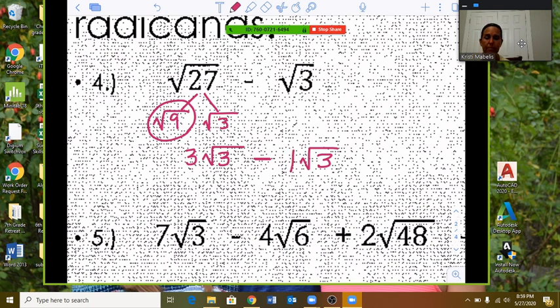Feel free to write that. Okay, lo and behold, now, what do you know? They do have matching radicals. So because these are like radicals, I can go ahead and combine the 3 in the front and a negative 1 would make my final answer of 2 radical 3.